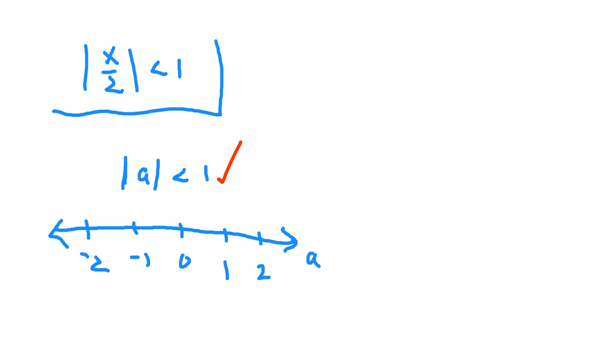That's right, Nathaniel. It's going to go from -1 to 1, open interval. So when we say the absolute value of a is less than 1, that means that a is less than 1 and greater than -1.